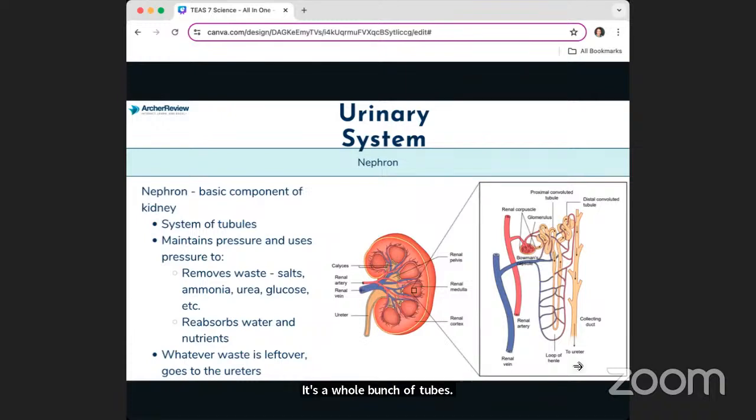And these tubes help to maintain pressure, and it uses that pressure to remove waste such as salts, ammonia, urea, glucose, etc. So when we talk about kidneys filtering your blood, it's using pressure to remove all of those things, among others, from your blood. But it will also reabsorb water and any kind of leftover nutrients that are circulating in the circulatory system. Now, whatever waste is left over, it goes to the ureters for you to excrete out of your body.